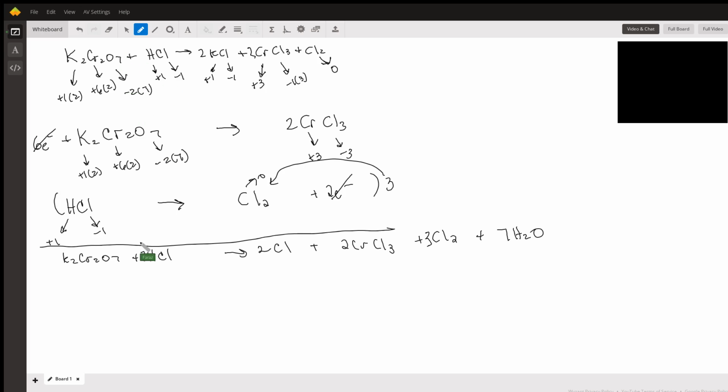All I've got to do is put instead of the 3 that I had here, to balance the chlorines and the hydrogens, right, from the waters that are right here, I'm just going to change this to a 14. And there we go. That should be your full balanced equation.